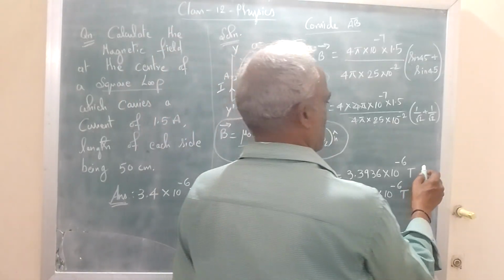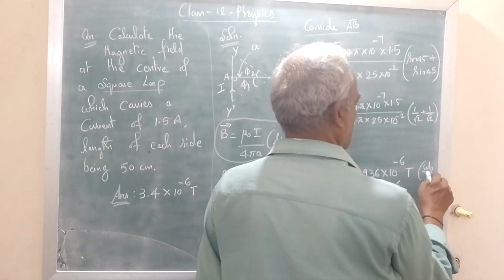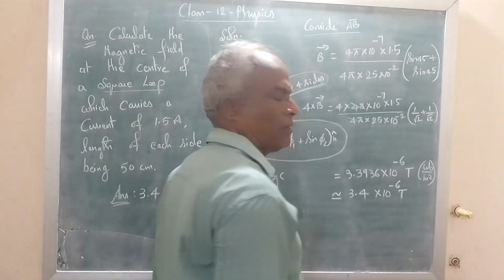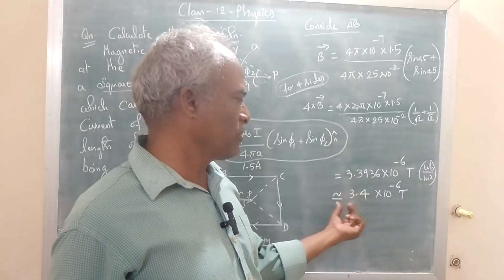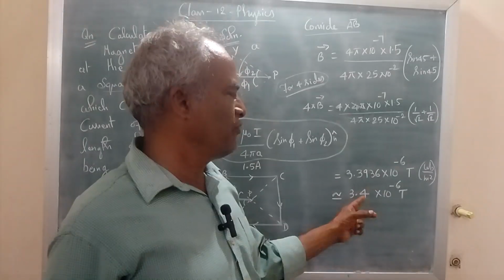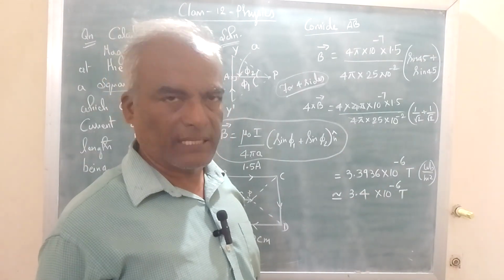Otherwise, you can write it as Weber per meter square. T means Tesla. So this can approximately be written as 3.4 into 10 power minus 6 Tesla.